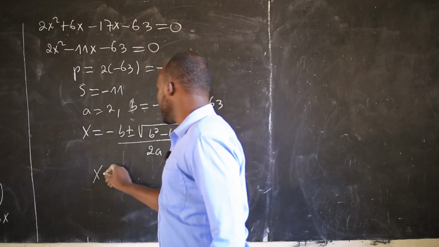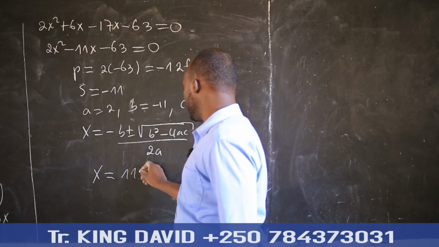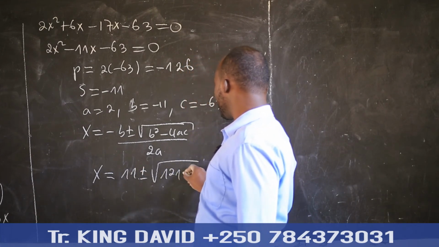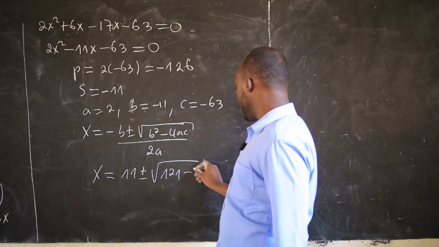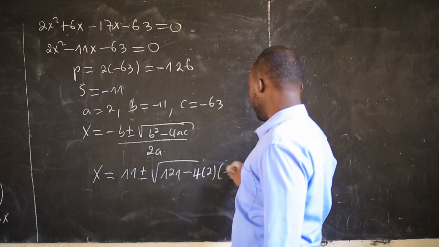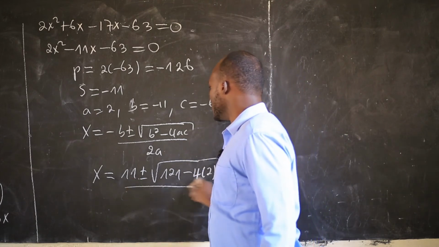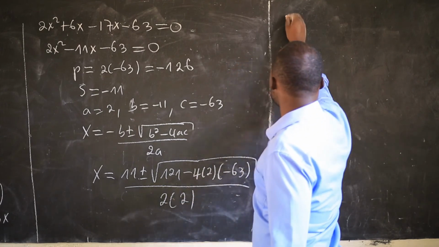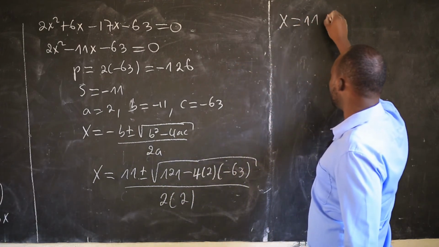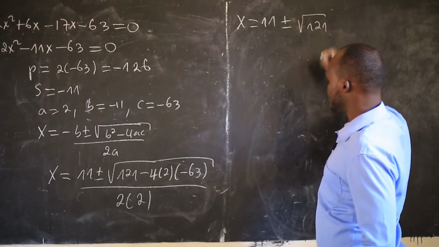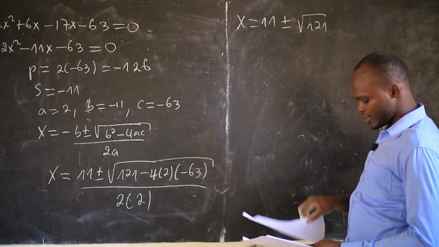So x equals 11 plus or minus the square root of 11 squared, that is 121, minus 4 times a, which is 2, times c, which is negative 63, divided by 2 times a, which is 2 times 2. So our x will be equal to 11 plus or minus the square root of 121 minus 8 times 63.